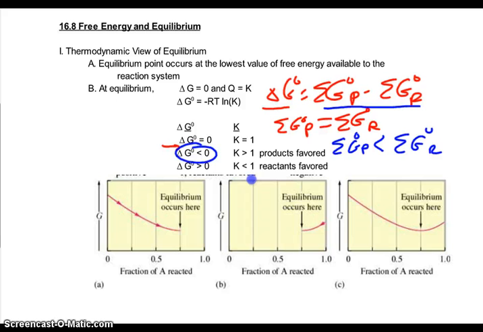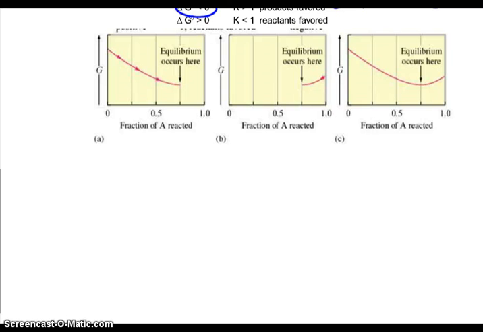I need to scroll this down to put a picture to this. So if I am looking at a G value here, again, think of that roller coaster idea.